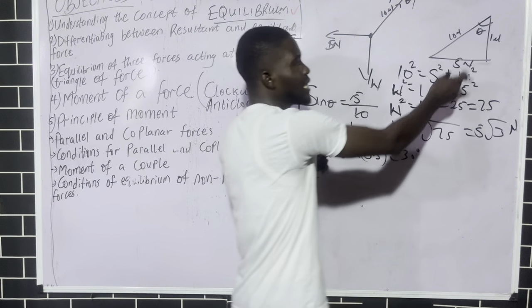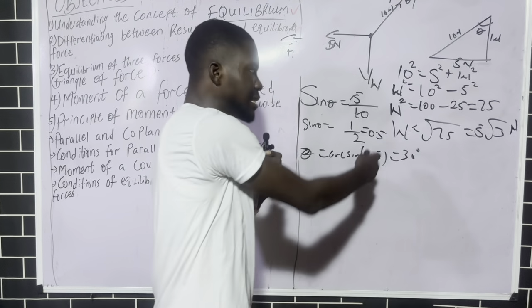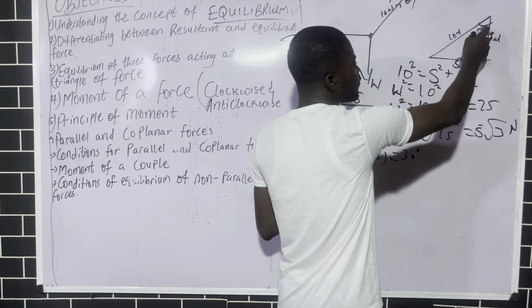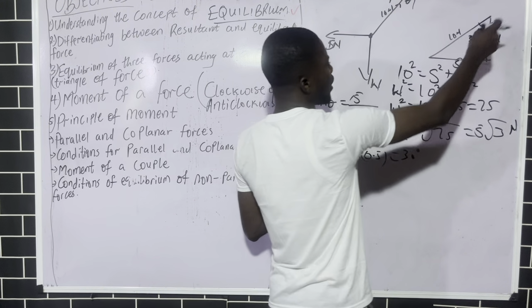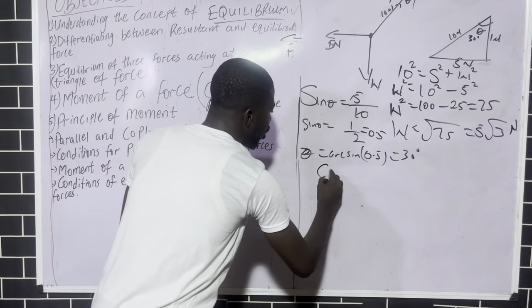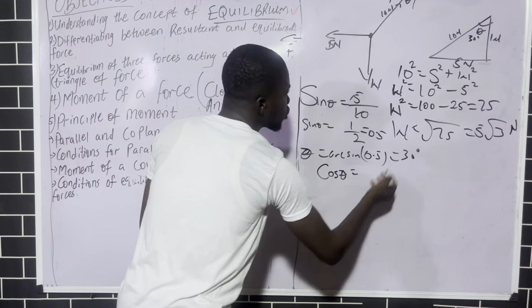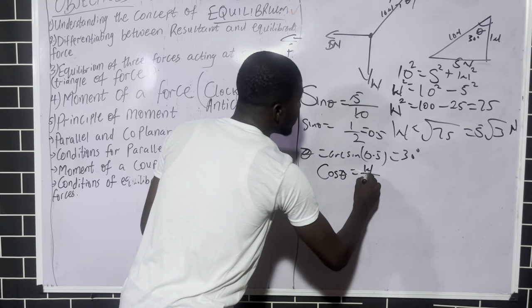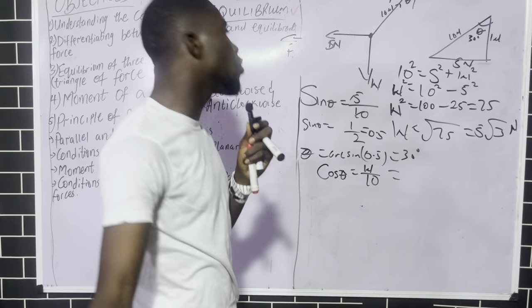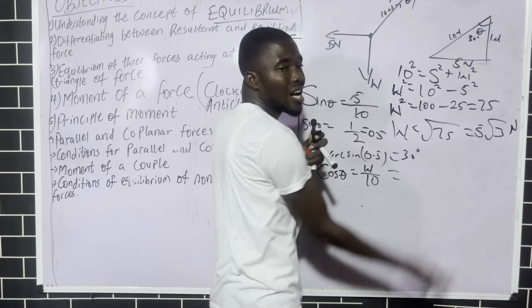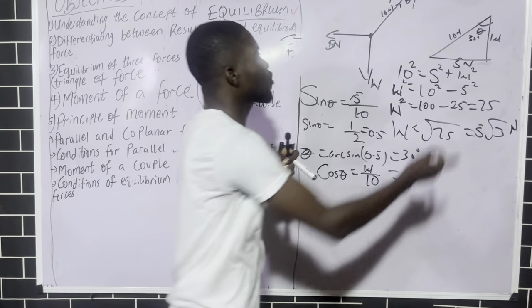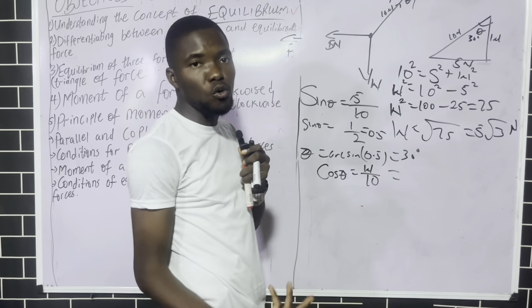If I get my theta first and I want to get my W using my theta, it's very easy. So if I get this theta to be 30 degrees, I'll simply say adjacent over hypotenuse. That will be cos theta is equal to W over 10, which is the hypotenuse. What I'm trying to do is show you another way apart from the Pythagorean theorem that we can use to get the W. To do that, I had to get my angle first, which I have done: 30 degrees.